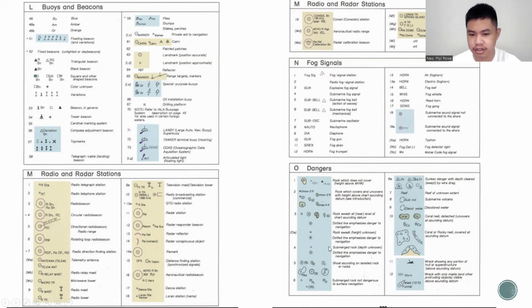Then the dangers. So rocks which do not cover, or height above. This is the symbol. Then coral or rocky reef covered at sounding datum. These are the coral symbols. The reef line.